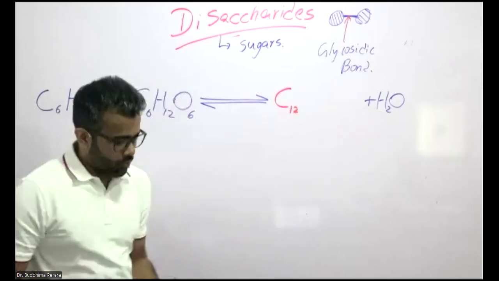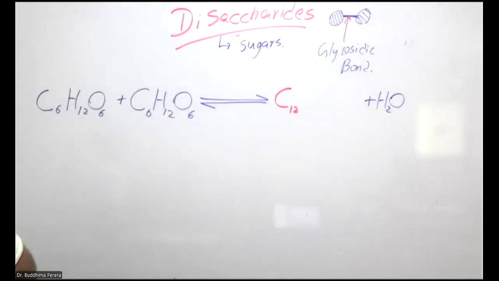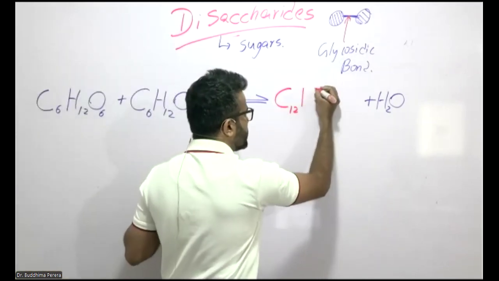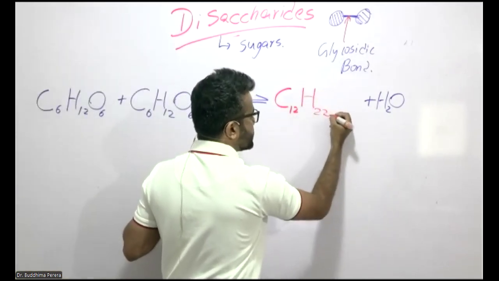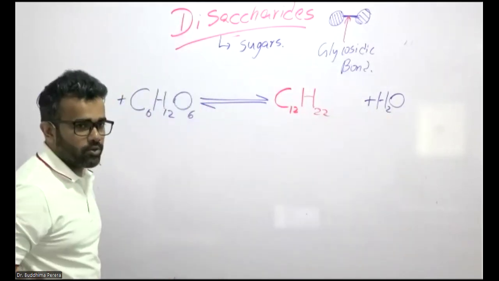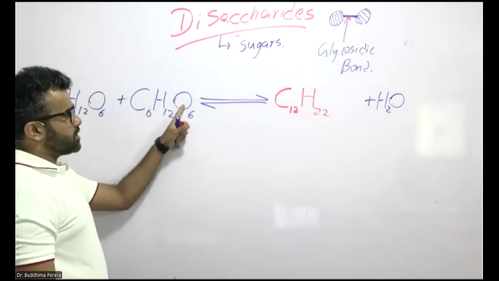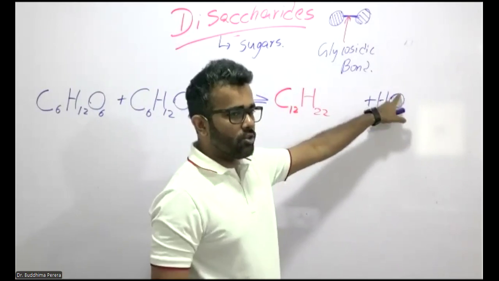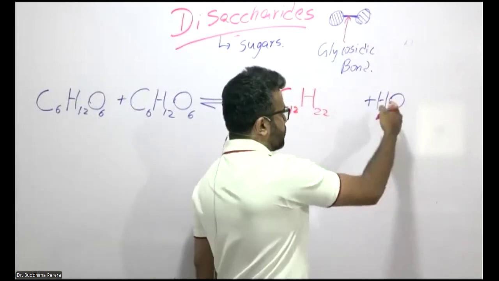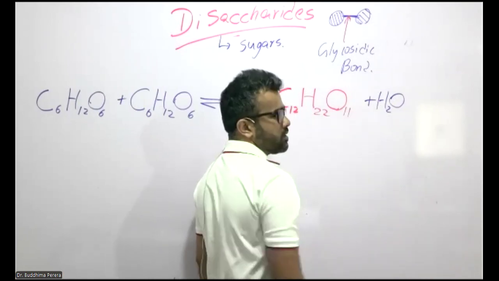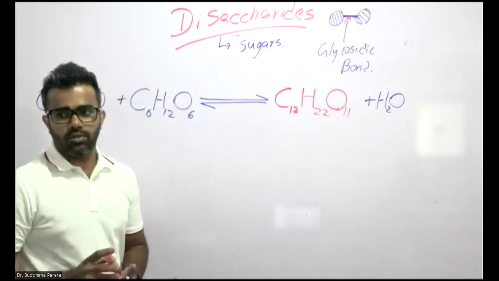So from 24 hydrogens, now there are only 22 hydrogens. And oxygen, there should be 12 oxygens, but one went to form the water molecule. So now there are 11 oxygens.